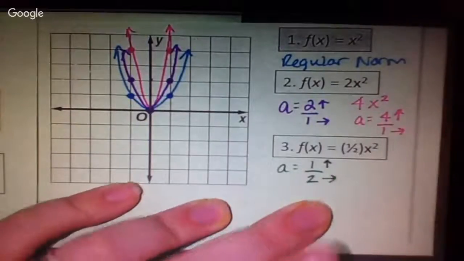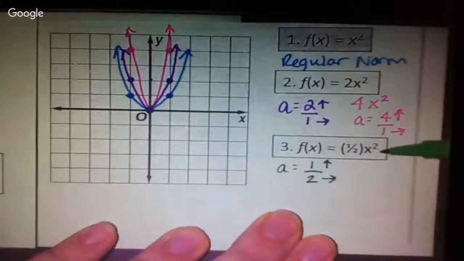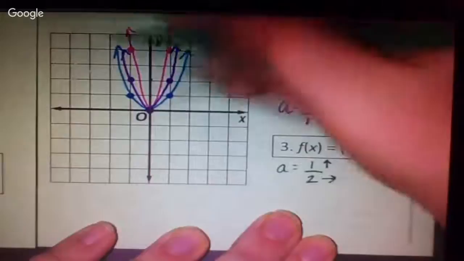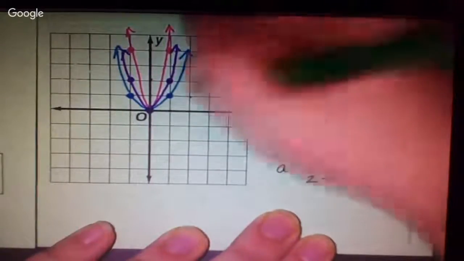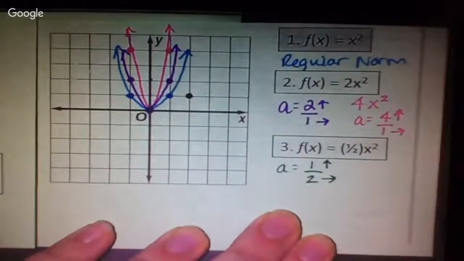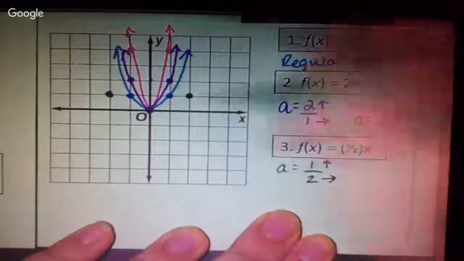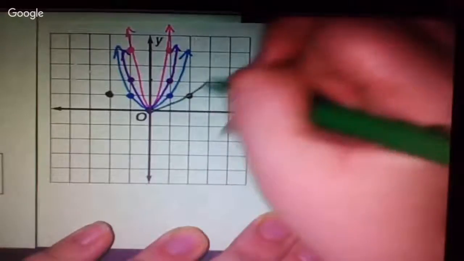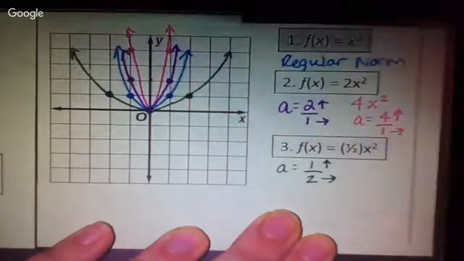Again, there's nothing added or subtracted to the x and nothing added or subtracted outside. So we move up 1 and to the right by 2. Again, what happens on this side also happens on the left. That one's fat. And there's fat norm.